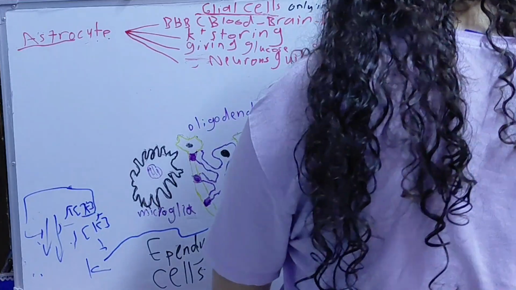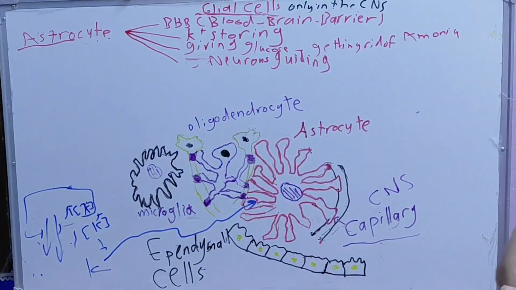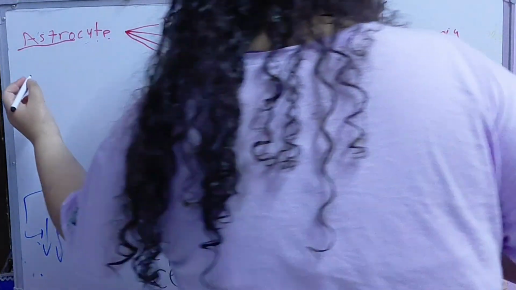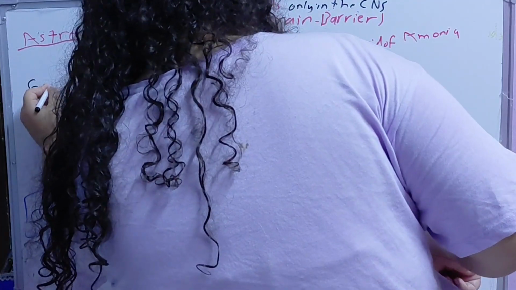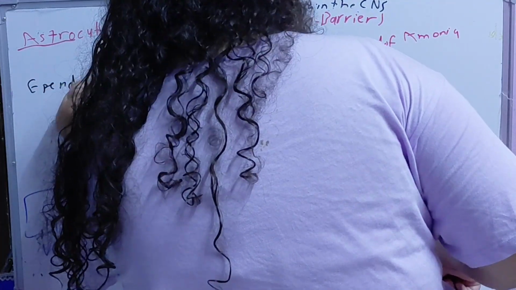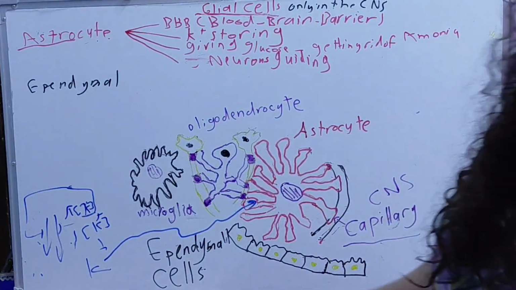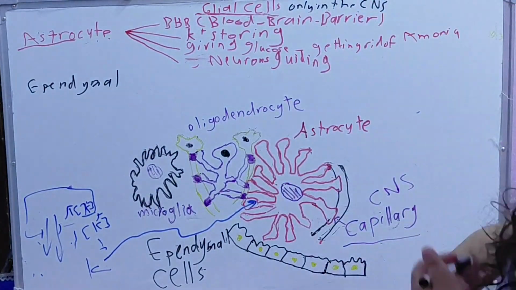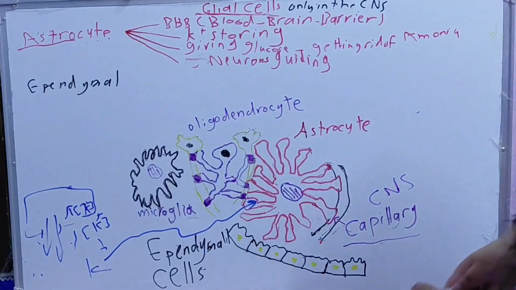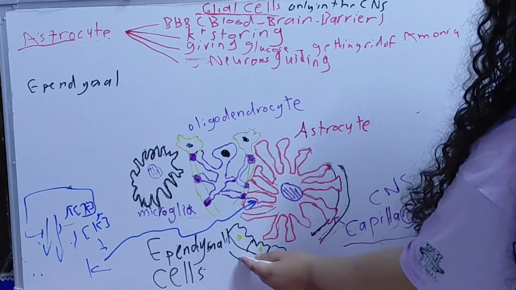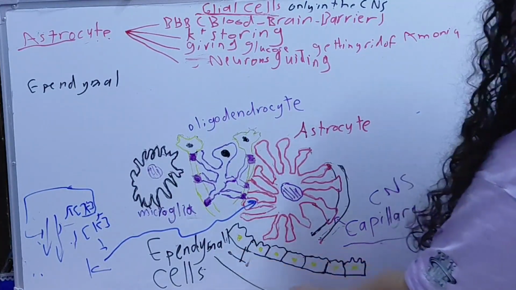Then we have the second type of the glial cells, which is the ependymal cells. Well, I don't really have lots of things to say about ependymal cells, but I really can say that they line, as we can see here. Here is an ependymal cell, and here are just all the ependymal cells.